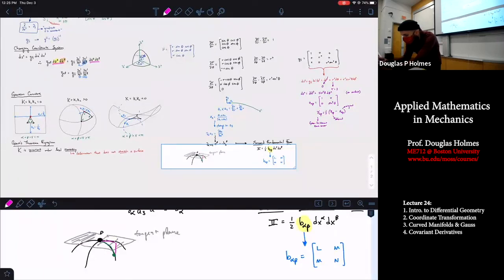How far down have I traveled away from my tangent plane? Once again, what that means is this has some direction, some coordinates in the z direction, and some location z, which is a function of x1 and x2.